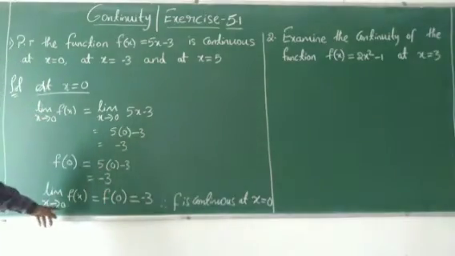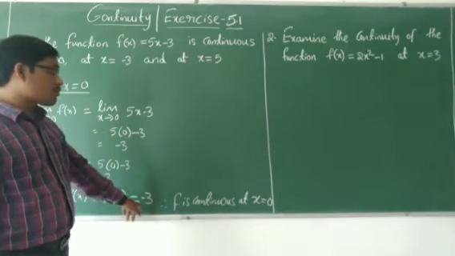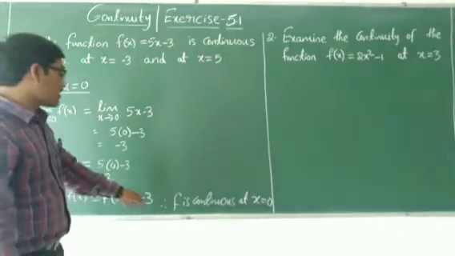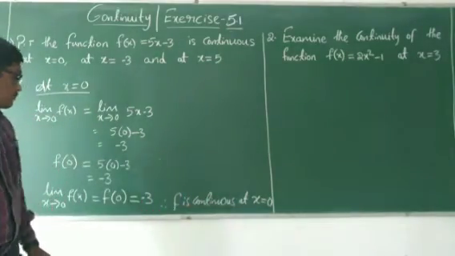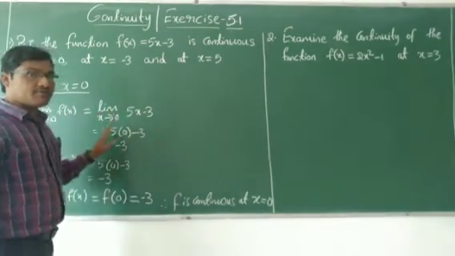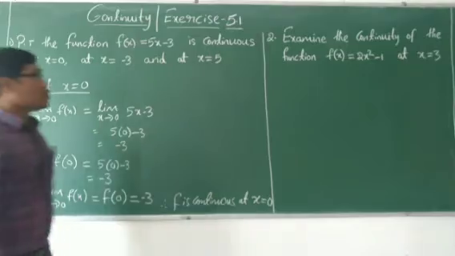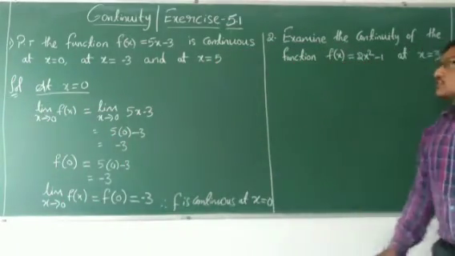So limit x tends to minus 3, f of x equal to f of minus 3 will be equal to minus 18. So we can write f of x is continuous at x equal to minus 3. Right? In the same way we can do for x equal to 5 also. Right? So I hope you can do that. That is simply substituting the values only.